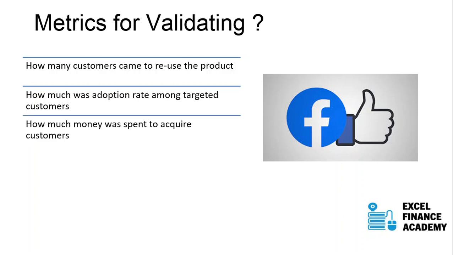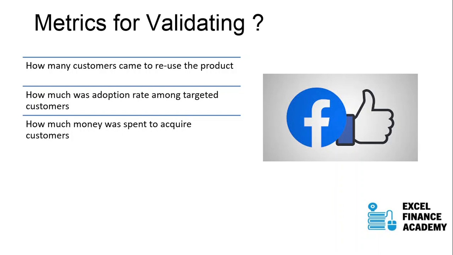And then they didn't spend a single cent to acquire new customers. It was all by word of mouth. So that already showed that the product can be a great hit if it has the right money to scale up, because they had a very good adoption rate, very good retention rate, and they didn't really spend any money to acquire a lot of customers.